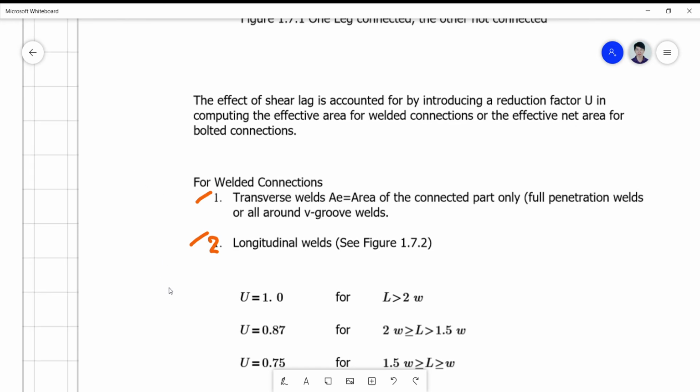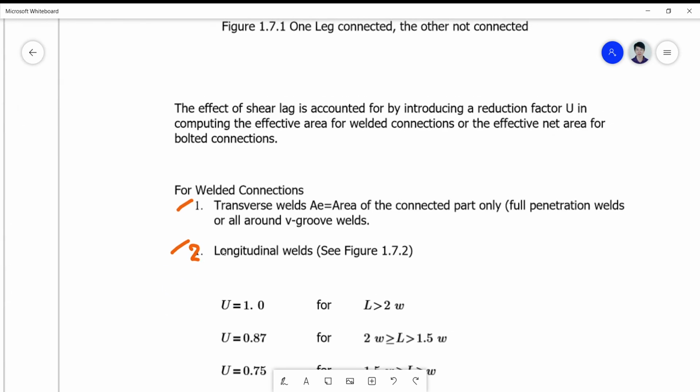So for the transverse weld, you just have to take note that the area of the connected part is actually the area of the effective part.